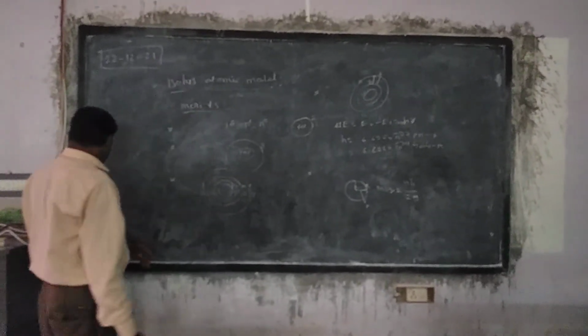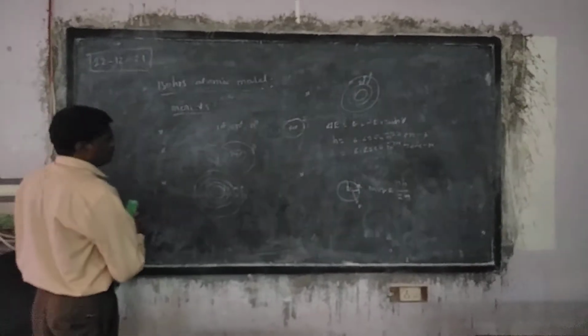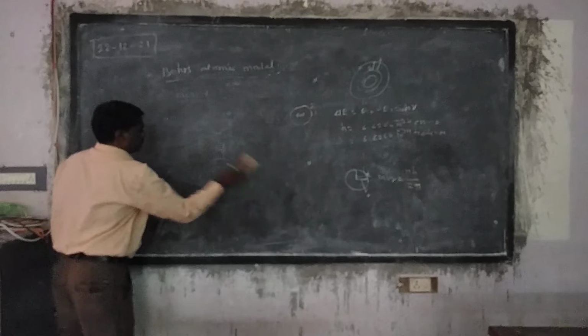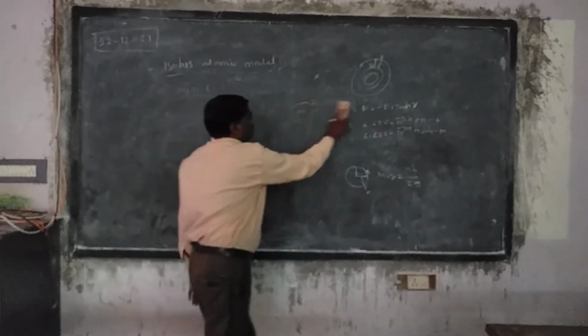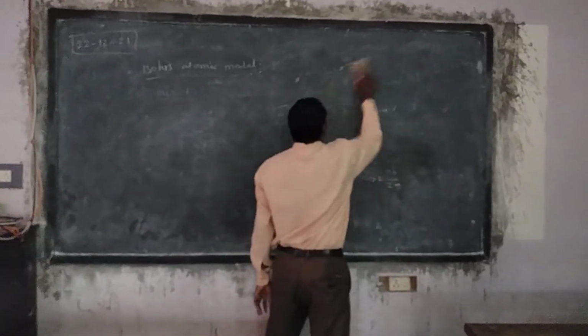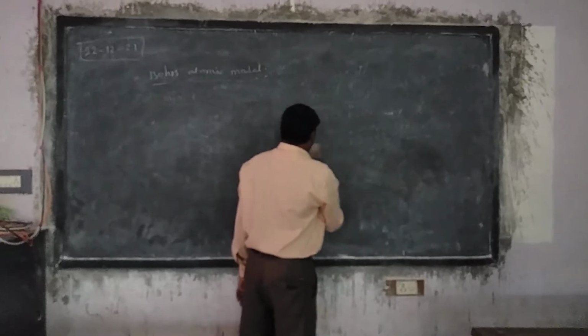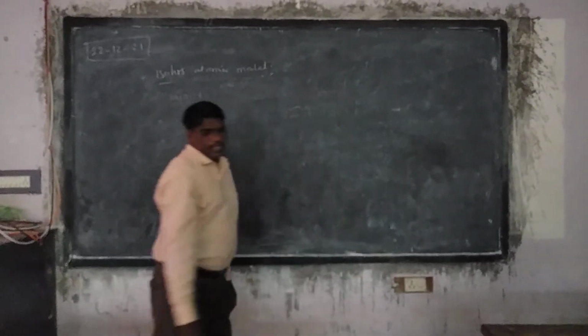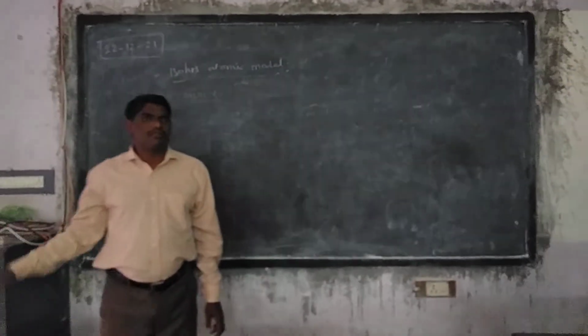Next, let us look at the defects of Bohr's atomic model. The first defect: it can explain only atomic number one, hydrogen.